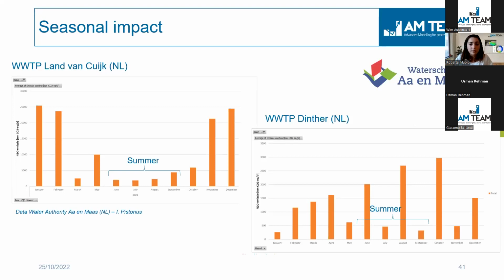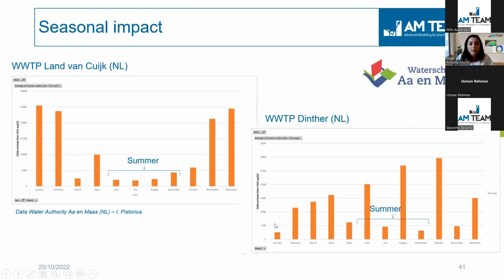This is, for example, in this slide, we're looking at some N2O emission from two wastewater treatment plants in the Netherlands, operated by the wastewater utility Eindmaas, which kindly provided this graph. So basically, in the left graph, you can see that there is a clear pattern, a clear decrease of N2O emission during the summer, while in the second plant, this pattern is no longer that obvious.